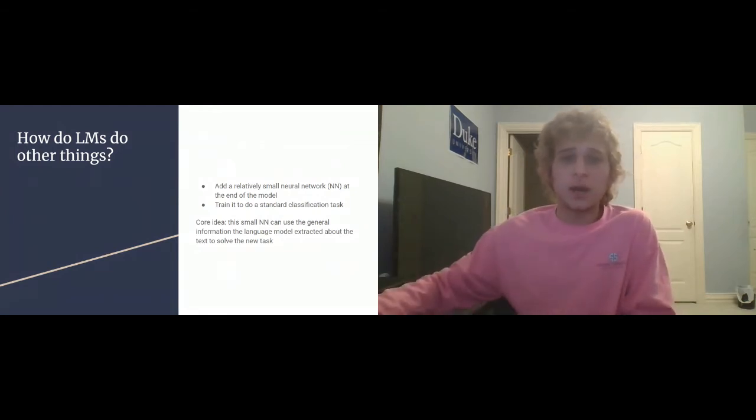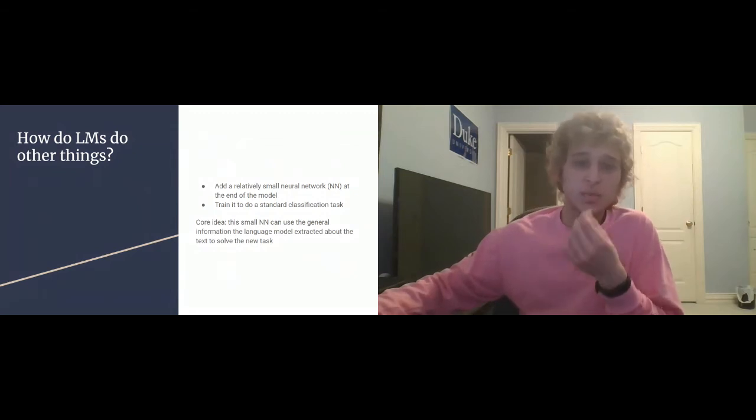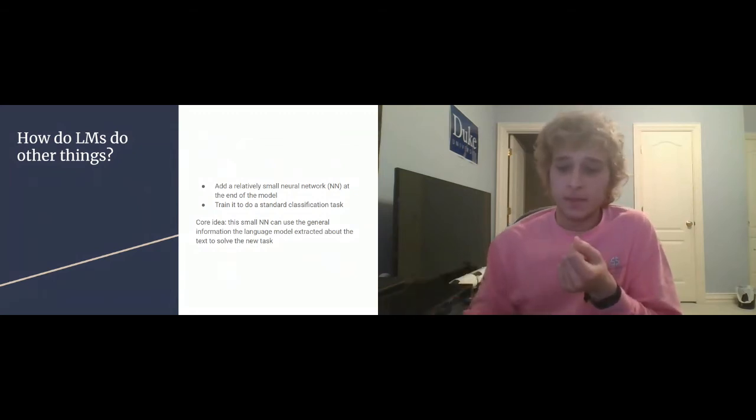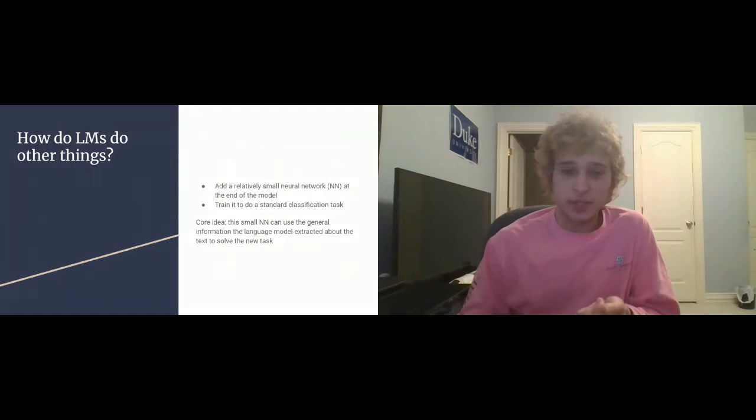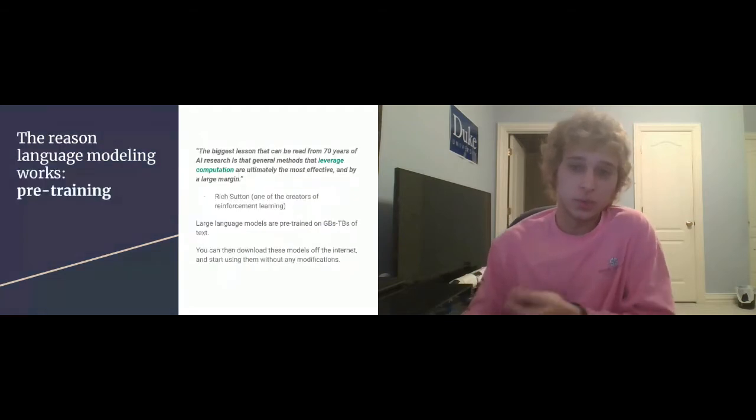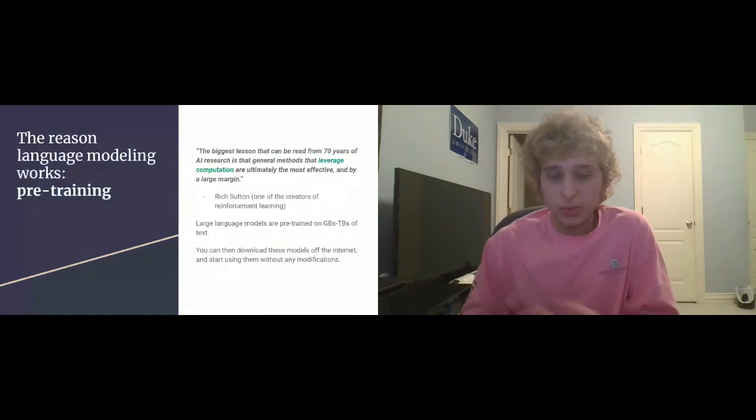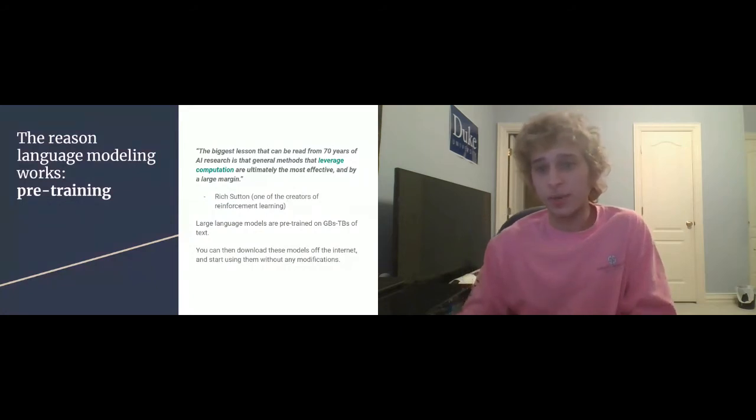So why does language modeling work? The biggest part of this, in my eyes, is the fact that we are able to train large models on a lot of data. There's a quote by Richard Sutton, one of the people who founded reinforcement learning. He says, the biggest lesson that can be read from 70 years of AI research is that general methods that leverage computation are ultimately the most effective, and by a large margin.